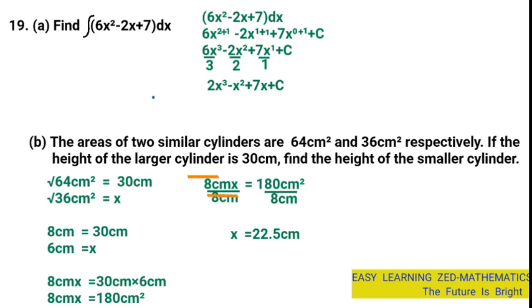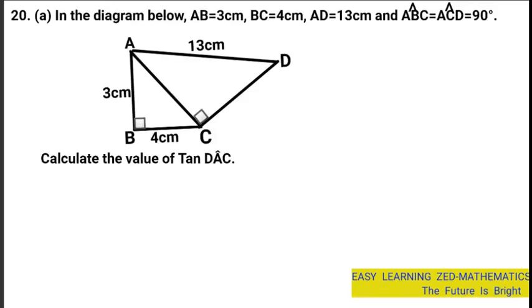Okay, let's go to question number 20. Question 20A was as follows. In the diagram below, AB is equal to 3 centimeter, BC is equal to 4 centimeter, AD is equal to 13 centimeter, and angle ABC is equal to angle ACD, which is equal to 90 degrees.